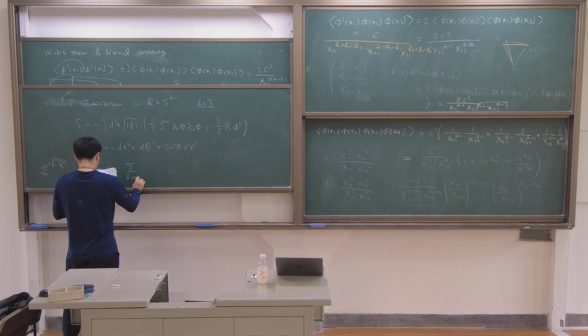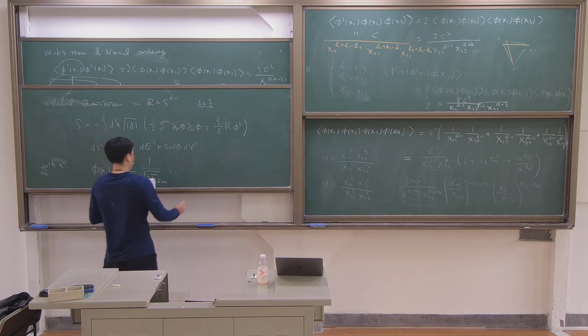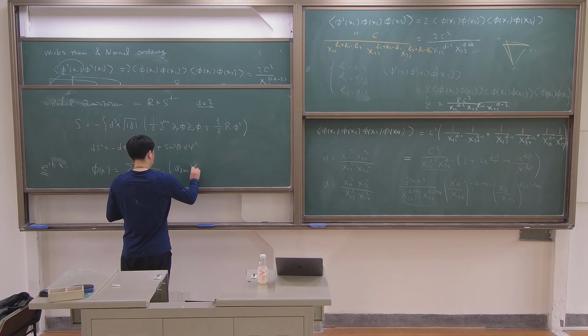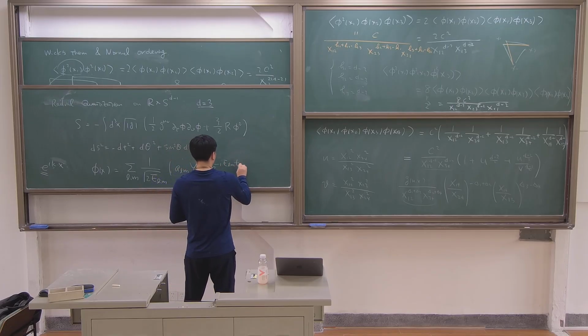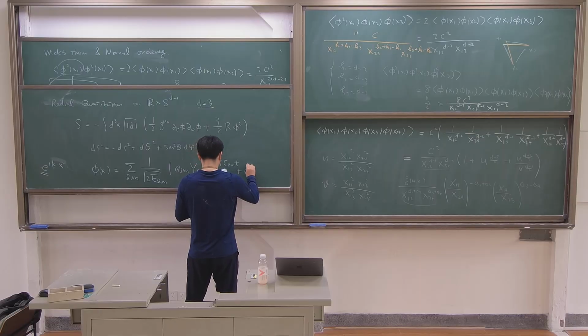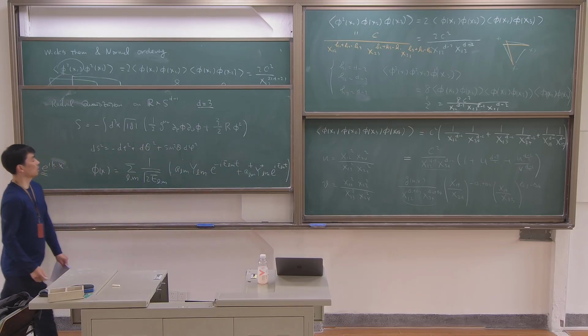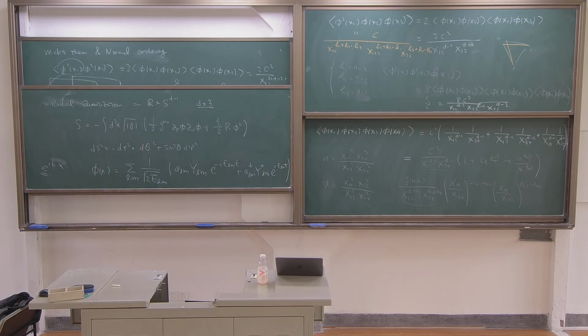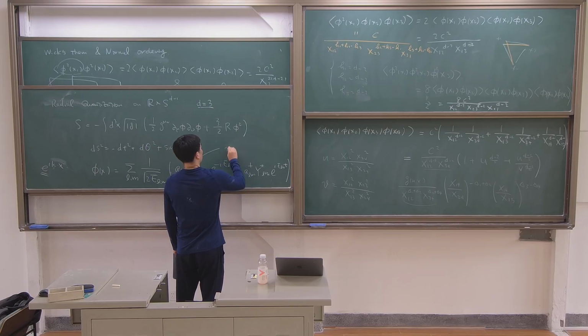So if you do the decomposition of the Fourier mode, everything becomes discretized. And here, Y_lm is the spherical harmonics.